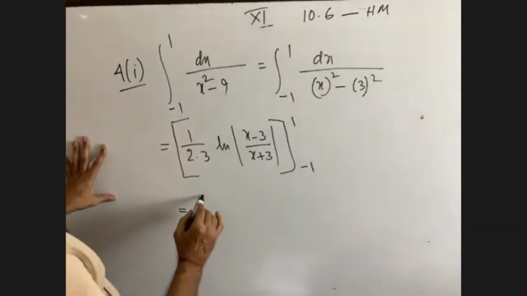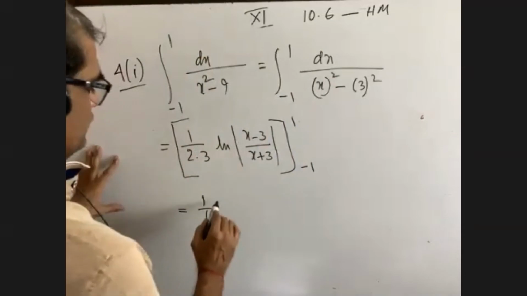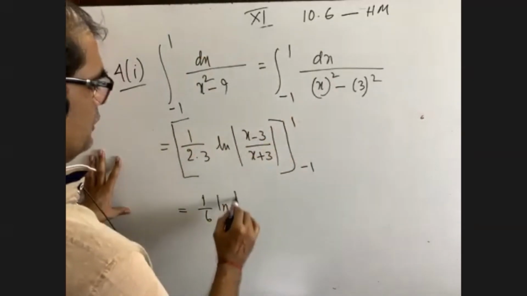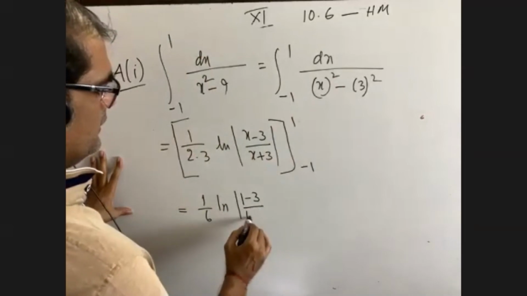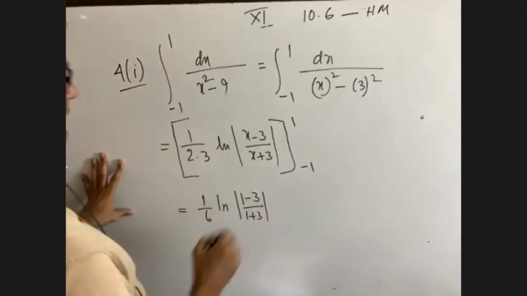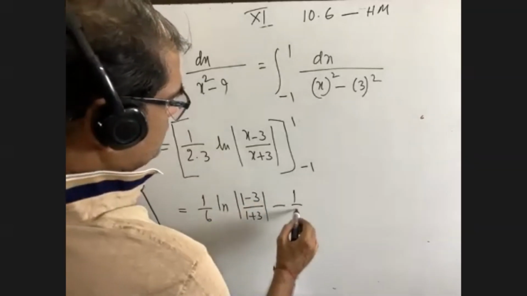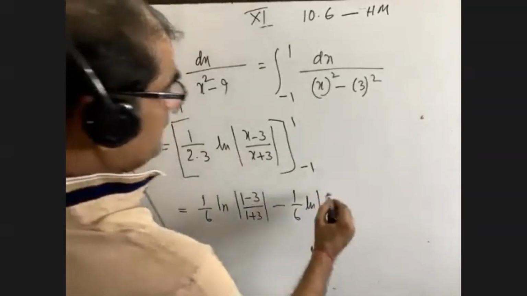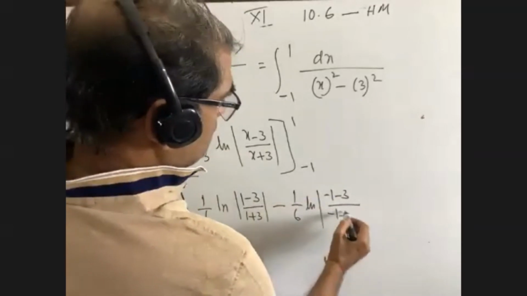1 by 6, 1 by 6. At first, you have to write down ln at x equals 1. Put here ln 1 minus 3 by 1 plus 3, minus 1 by 6 ln at x equals minus 1, minus 1 minus 3 by minus 1 plus 3.